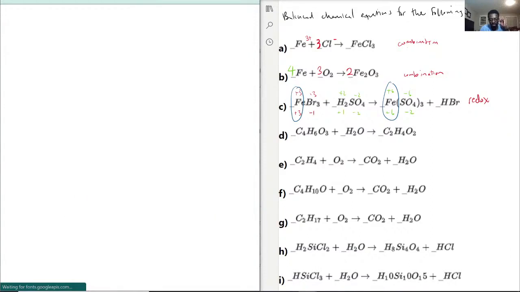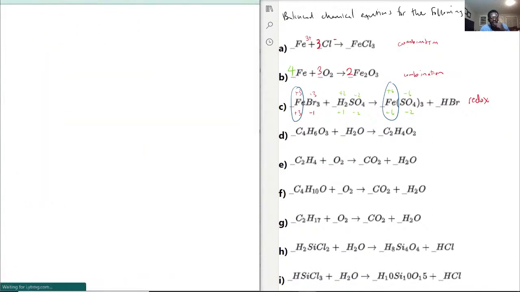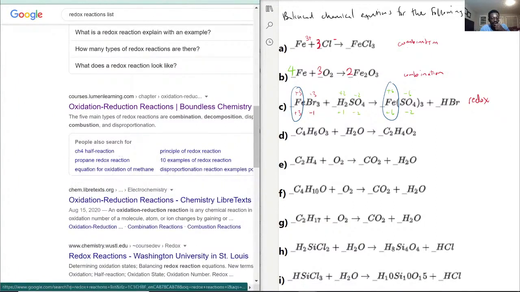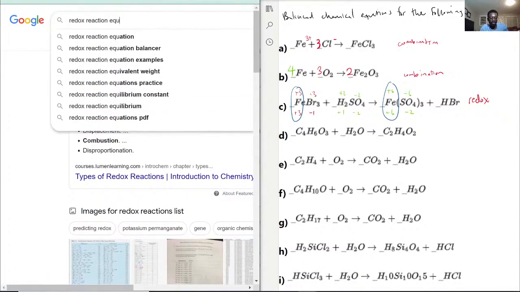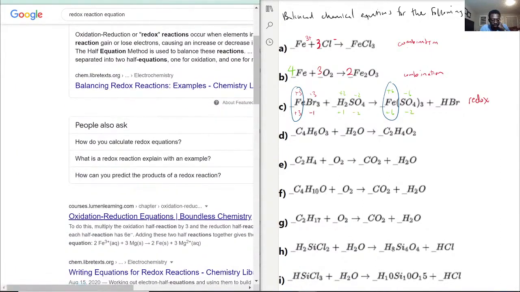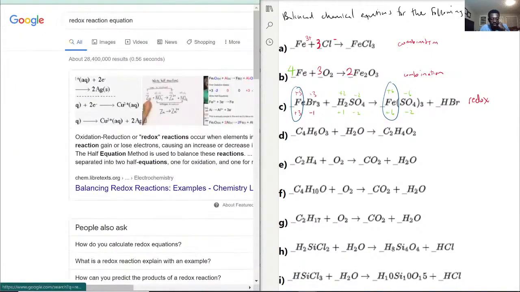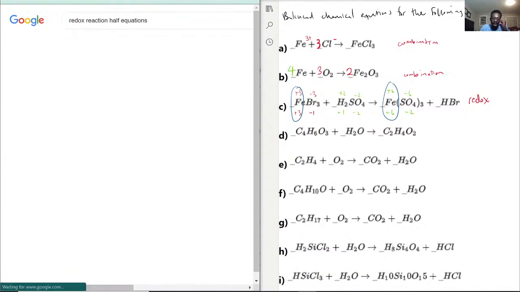Let's see. No, I just want the list. Redox reaction equations. Nope. Redox reaction half equations. Okay, there we go.